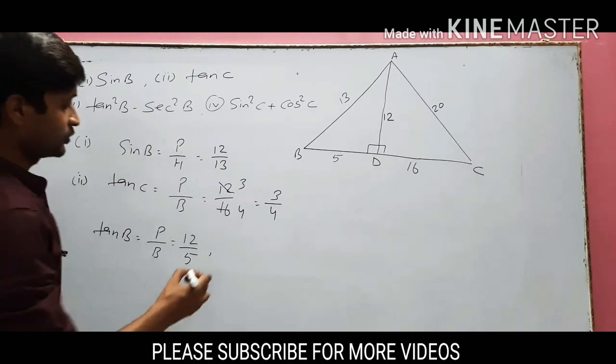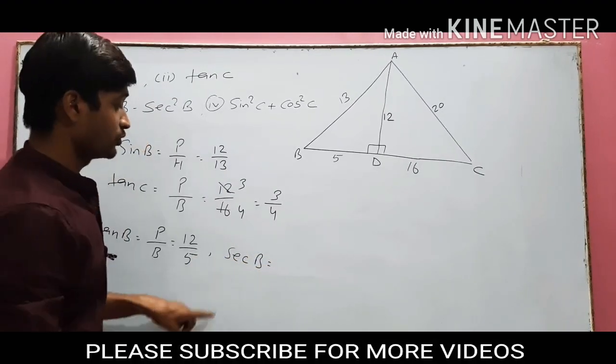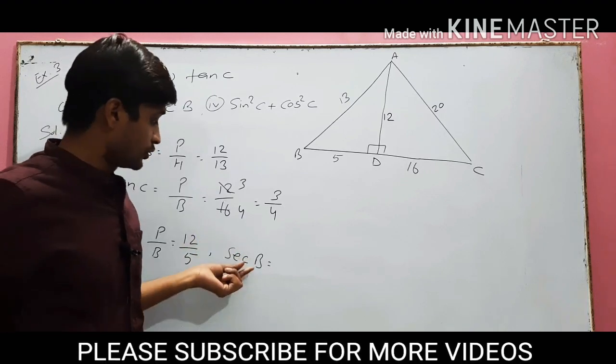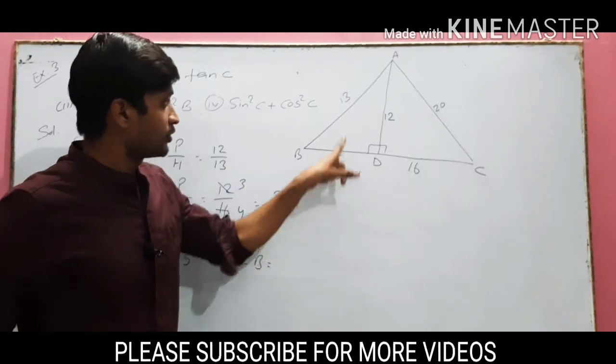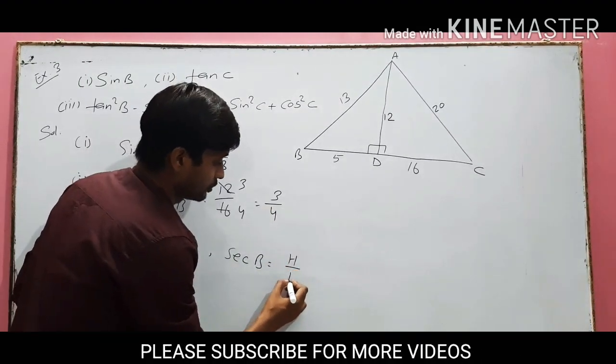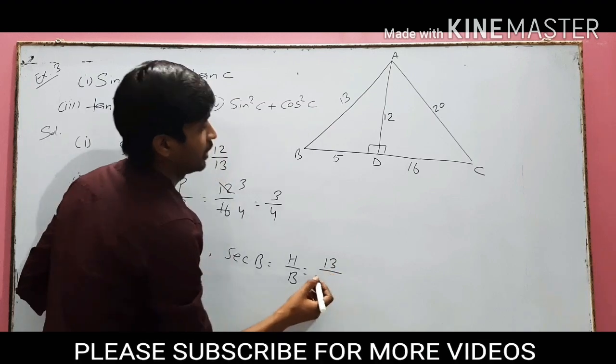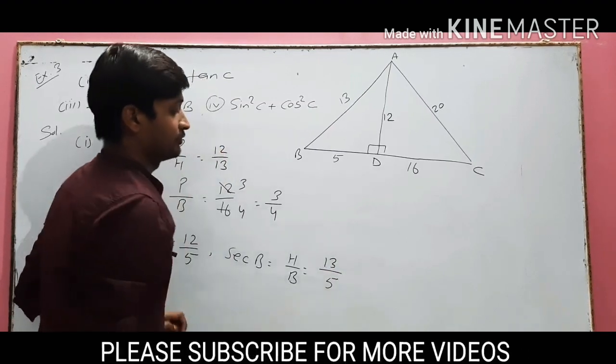And next part sec B also we have to calculate. Sec B, we know this is the opposite of cos. So base upon hypotenuse for cos and sec will be H upon B. So H is 13 and B is 5.